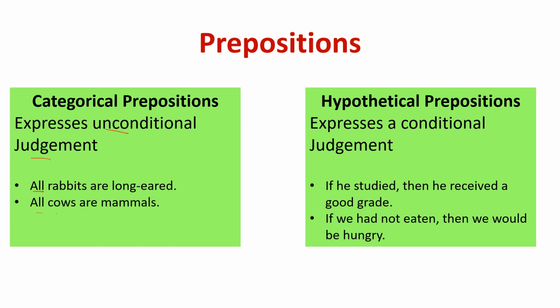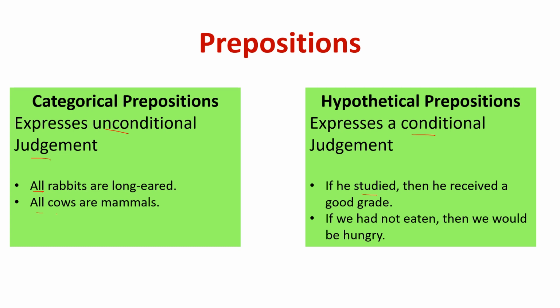While the second type of proposition is the hypothetical proposition. Here it expresses a conditional judgment. You will have a condition in this kind of proposition. For example, if he studied, then he received a good grade. So there is a condition. Unless and until this particular boy studied, he will not receive a good grade. So the condition is he should study, then he will get a good grade.